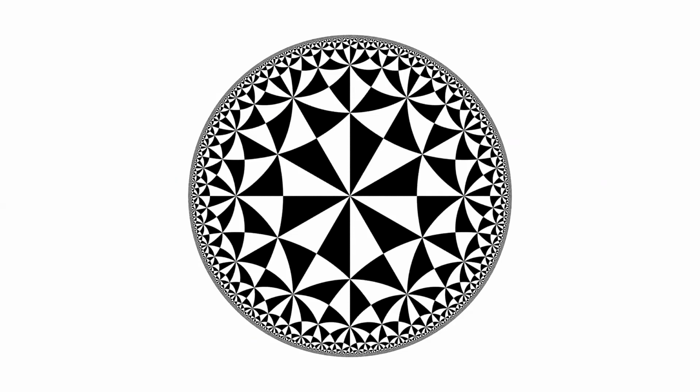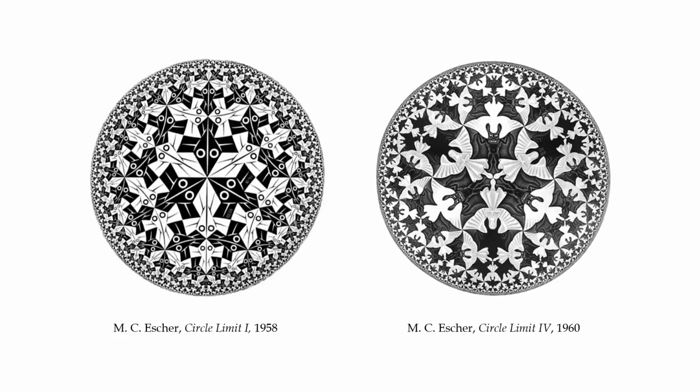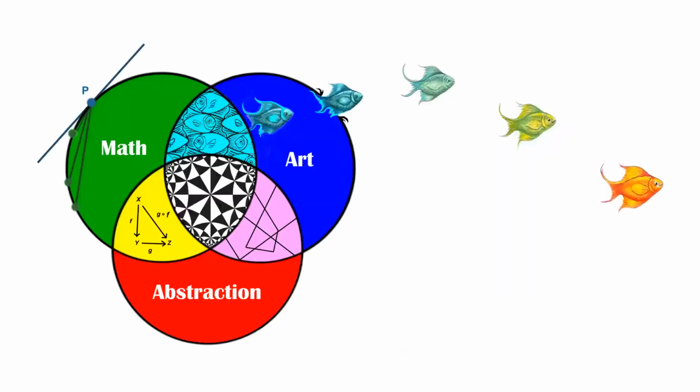Mathematician H.S.M. Coxeter's work, Crystal Symmetry and its Generalizations, contained this tiling of the Poincare disk model of the hyperbolic plane with 30, 45, 90 triangles. The notion of hyperbolic space is rather abstract, and the image has great artistic value. In fact, Escher used it as inspiration for his Circle Limit wood engravings after Coxeter sent him an image of the tiling. Our pattern for the central region of our Venn diagram is a portion of Coxeter's 30, 45, 90 tiling.